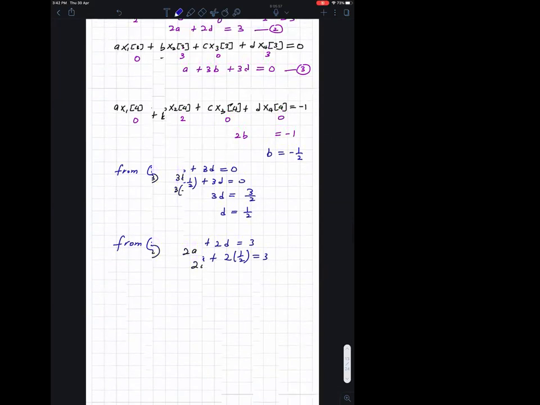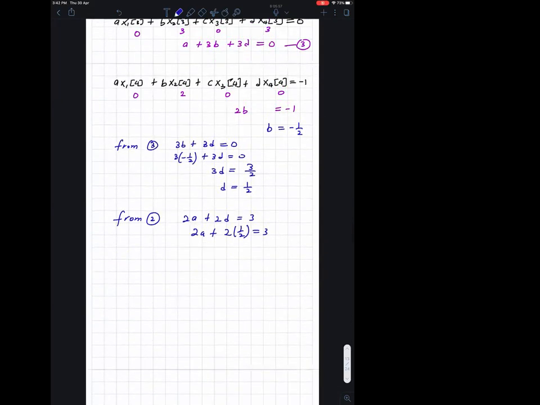So this is going to be 2a. It's going to be 3 minus 1, which is equal to 2. So a is equal to 1. B is equal to 1/2. D is equal to 1/2. A is equal to 1.